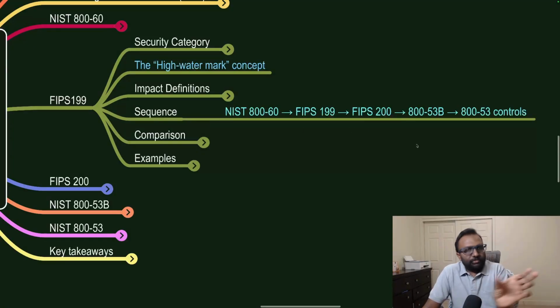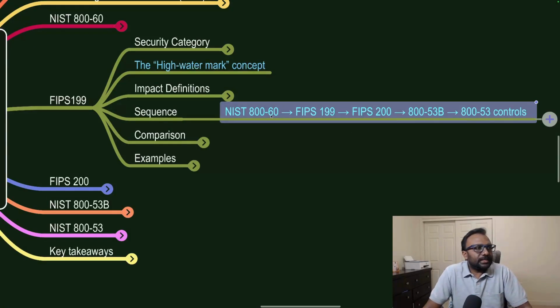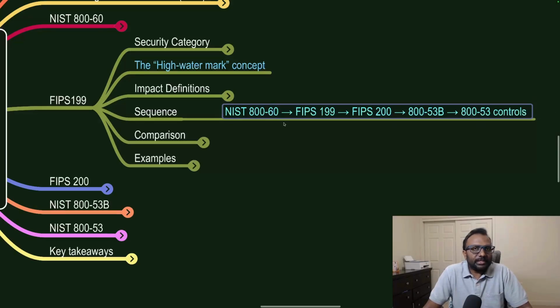The flow is, first you understand the information system and the information. Then with 800-60, the information system types, you will do the categorization with high, low, or moderate impact. Then FIPS 200 is where the minimum security requirements are arrived at.